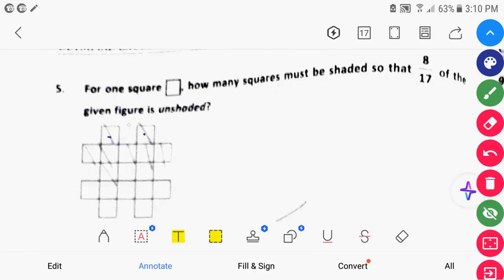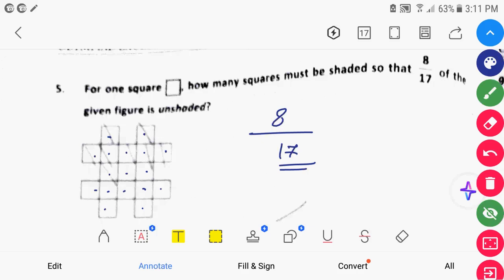So 1, 2, 3, 4, 5, 6, 7, 8, 9, 10, 11, 12, 13, 14, 15, 16, 17. Now see, total 17 squares are here. Now how many squares must be shaded so that 8 by 17 remain unshaded?